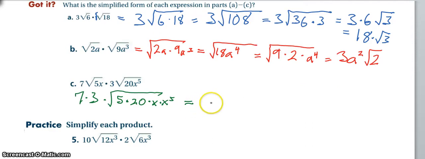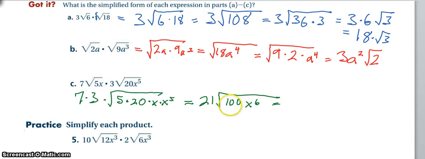Alright, you got to start paying very careful attention to details here because there's a lot of steps. We take the 7 times the 3, that's going to give me a 21 out in front of my radical. Then inside the radical I have the 5 and the 20 from the original, so 5 times 20 is 100. And then the x times x to the 5th gives me x to the 6th.